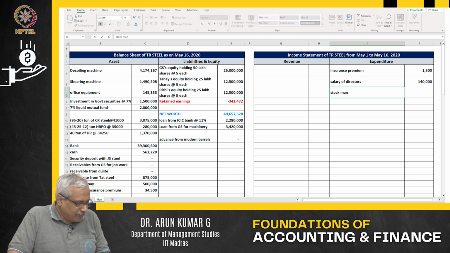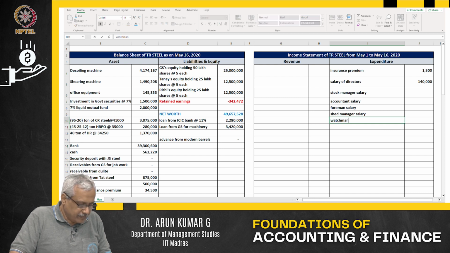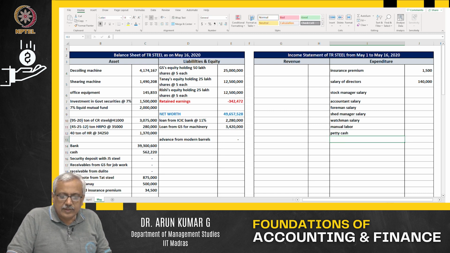Salary, that is stock manager salary, accountant salary, foreman salary, shed manager salary, watchman salary, manual labor, then petty cash, done.